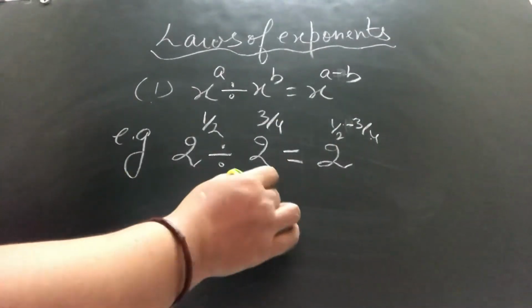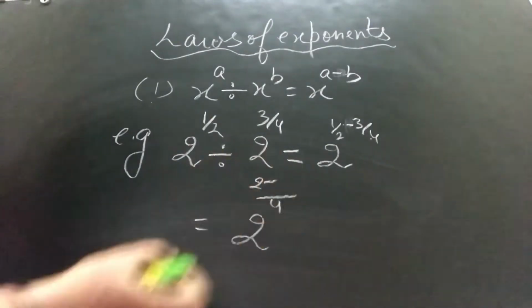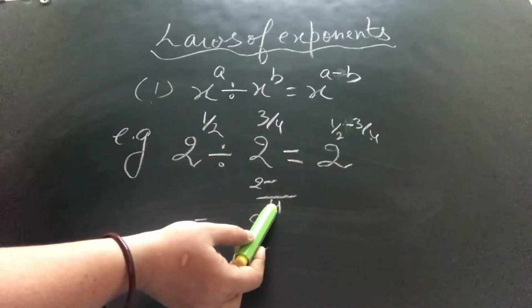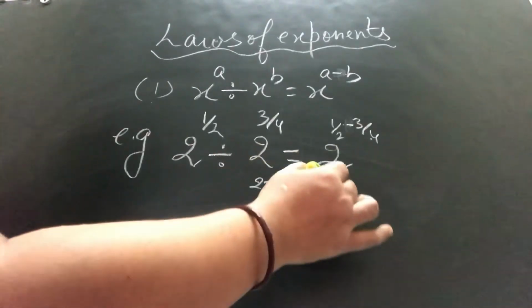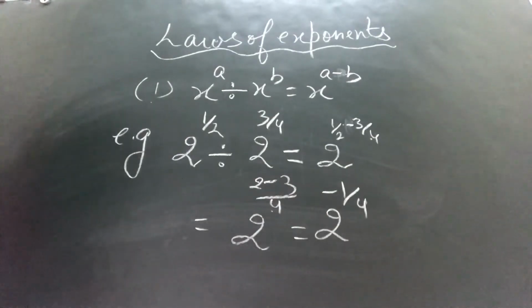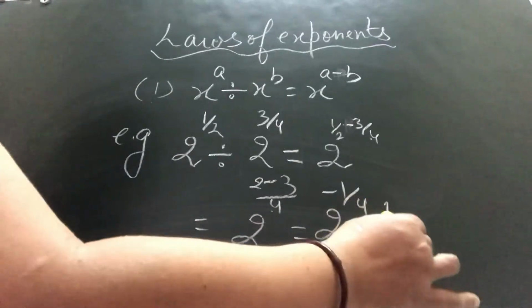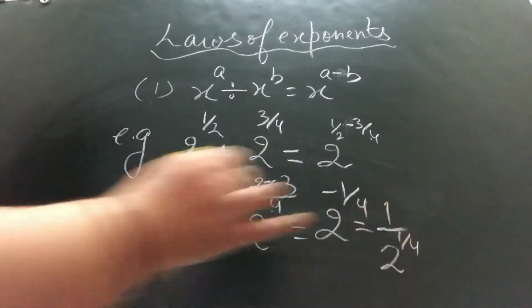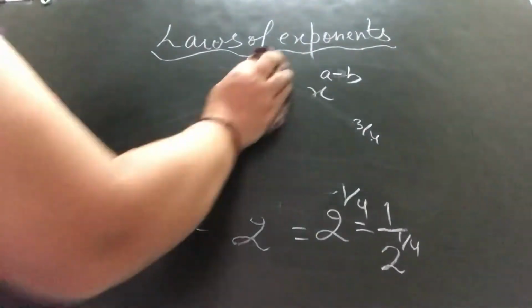Then you simplify again. 4 is the LCM, 2 2s are minus 4 का टेबल रीड कीजिए, 1 टाइम जाएगा, 1 3s are 3. So it is 2 raised to the power minus 1 by 4. Here the power is negative. To make it positive, we have to shift the number in denominator, and we have 1 upon 2 raised to the power 1 by 4, right?